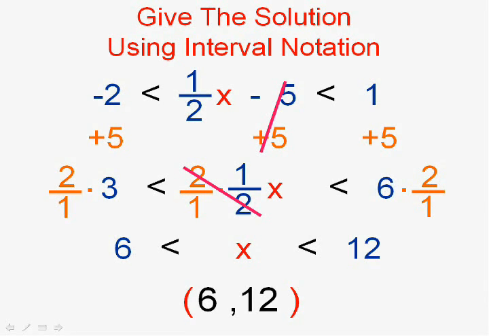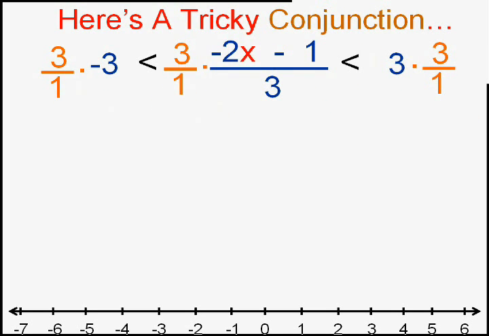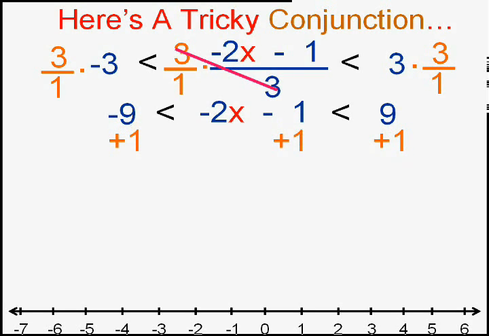Okay, let me do a couple tricky ones. We've got to get x alone. I have fractions. Remember the trick for fractions. Multiply everybody by the LCD. So in this case, that 3 will nicely go away, and I'll end up with what I have here. Now I still have to get the x alone, so I'll add 1 to all 3 sides, and then divide by what?